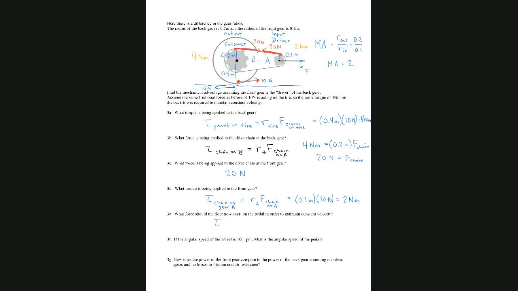The torque of the pedal on gear A is going to be the R of the pedal times the force of the pedal. So we need 2 Newton meters of torque. Our radius of the pedal is just like before, 0.4 meters.